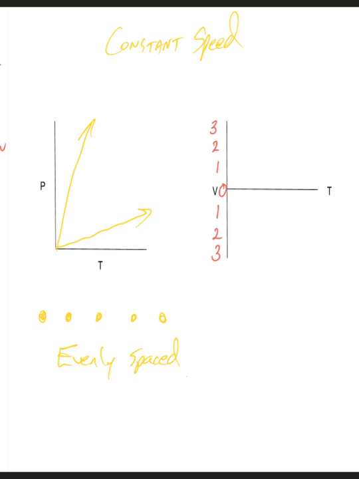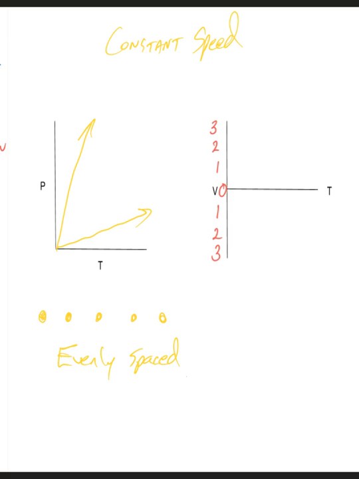Okay, now on a velocity time graph, it is going to look a little bit different. On a velocity time graph, we are going to have a straight horizontal line that is not on the x-axis. So for instance, this would be a constant speed. It is going 2 meters per second throughout a duration of time.